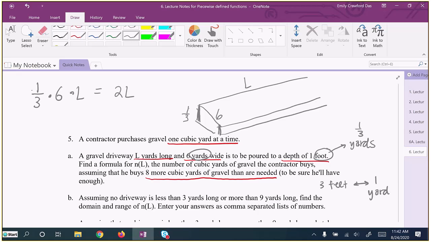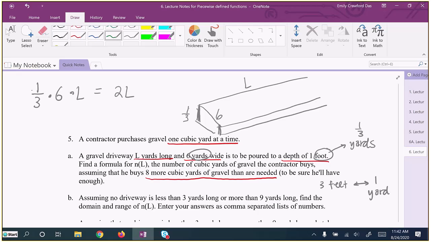Okay, so 2L is the volume of this thing, and the problem also told us that he's going to buy a little bit extra, no matter what the volume is. He's going to buy 8 more cubic yards to make sure that he'll have enough. So find a formula for the number of cubic yards that he needs to buy.